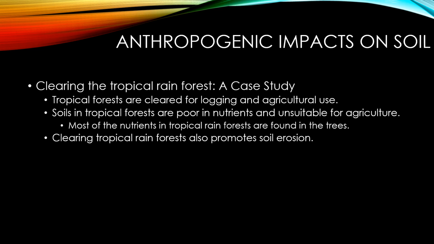And just for context, usually tropical rainforests are cleared for logging and agricultural use. A lot of times the wood that comes from these rainforest trees is really expensive on the open market, and so you can sell it for a lot. And then also, if you clear that land, you can use it to grow vegetation or conduct ranching activities, or both.